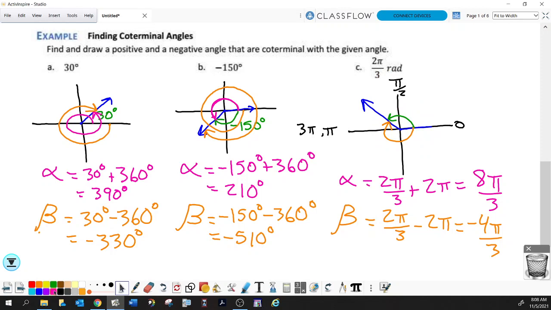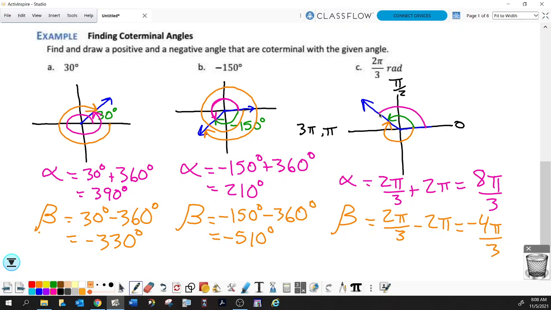You ready? I'm going to start at 0 radians. Am I pink? Pink. Okay, I'm going to start at 0 radians. If I stop here, I've gone 2 pi over 3 radians. But I already knew I was at 2 pi over 3 radians. That's what's in green. I was told I need another positive angle that's in the exact same place.